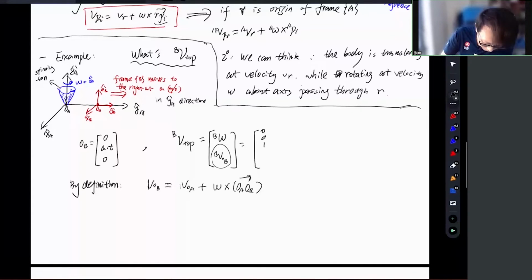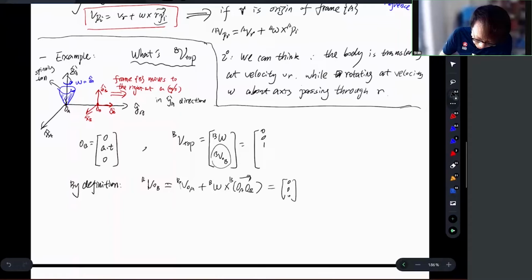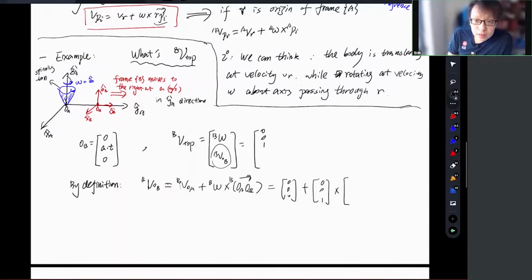If I use coordinates to express this, the origin as a body fixed point has no linear motion, only rotating. So VOA is 0. So it is 0, 0, 0 plus omega, which is 0, 0, 1, cross OAOB, right? That's the point coordinate in B, because B and A have the same orientation.